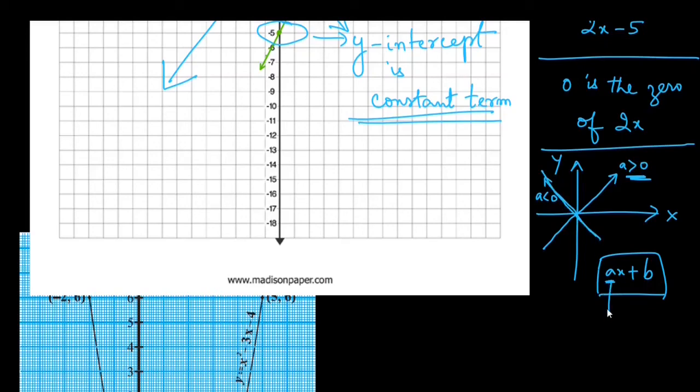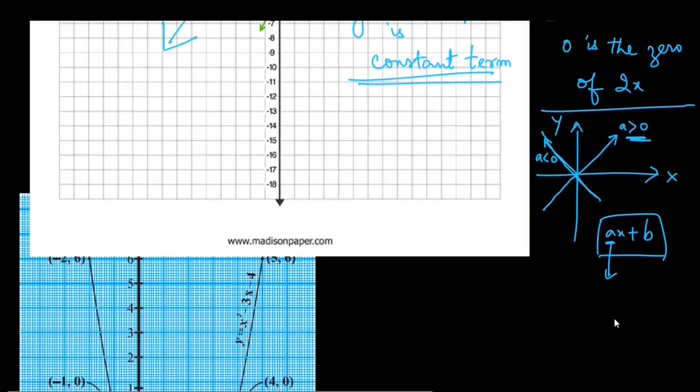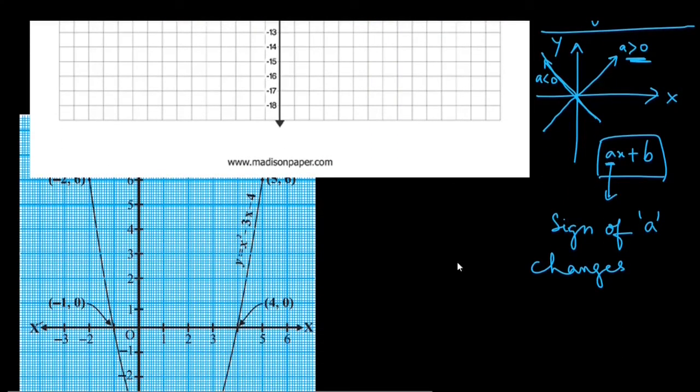When the sign of the coefficient of x term, when the sign of a changes, the orientation of the line changes.